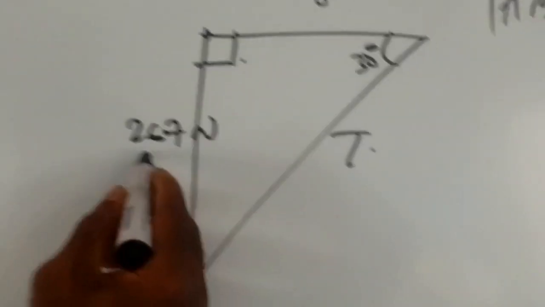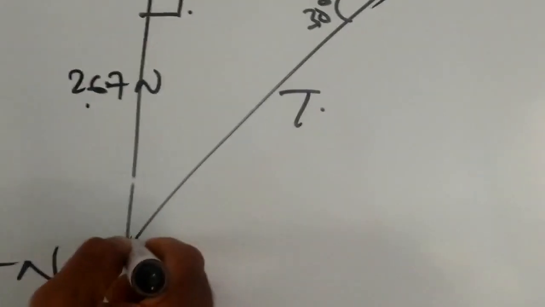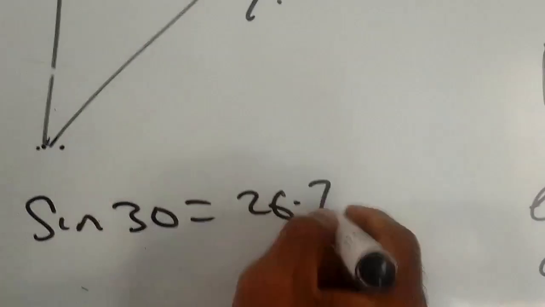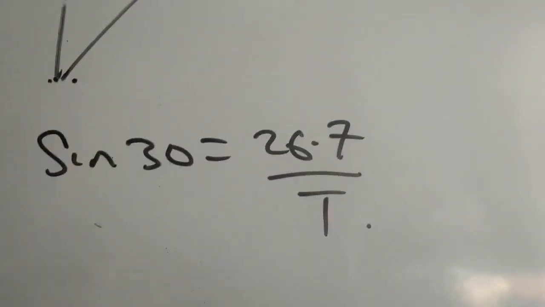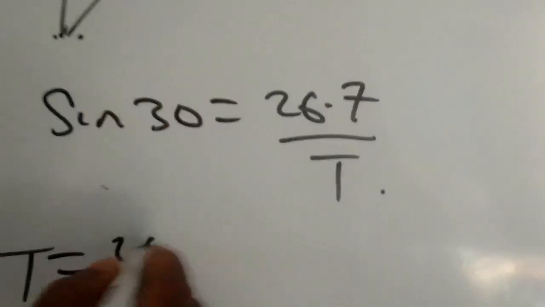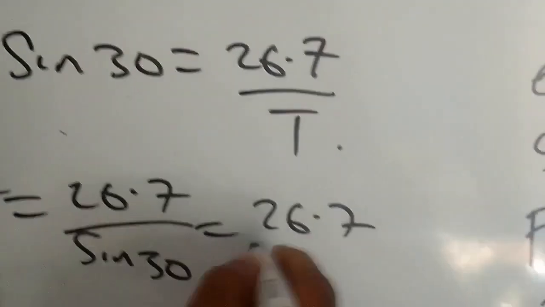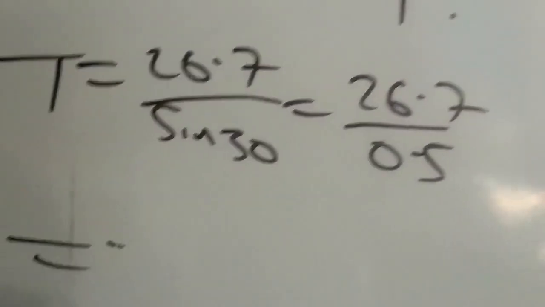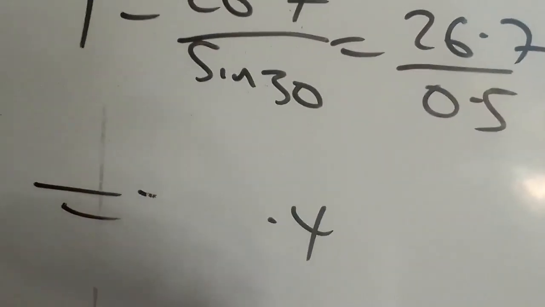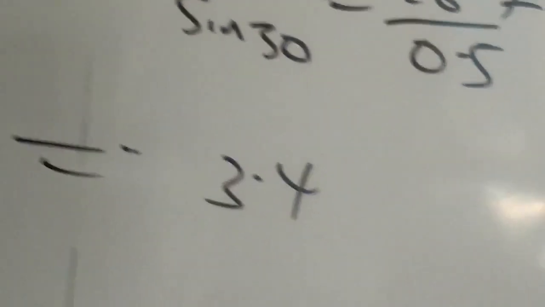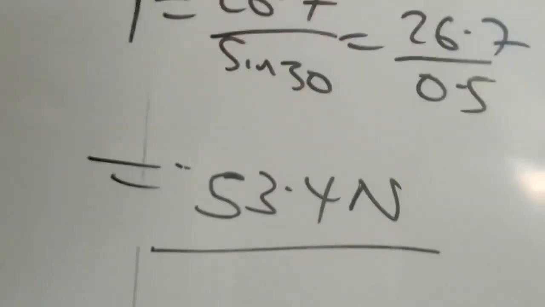So this is the opposite side, and this is the hypotenuse. Now, sine 30 is opposite over hypotenuse. Making T the subject, T becomes 26.7 over sine 30. We have 26.7 all over 0.5, and that will give us 53.4 Newton as the tension on the string.